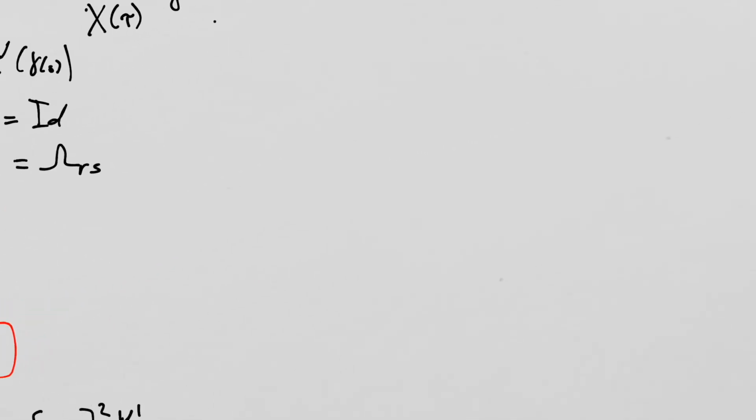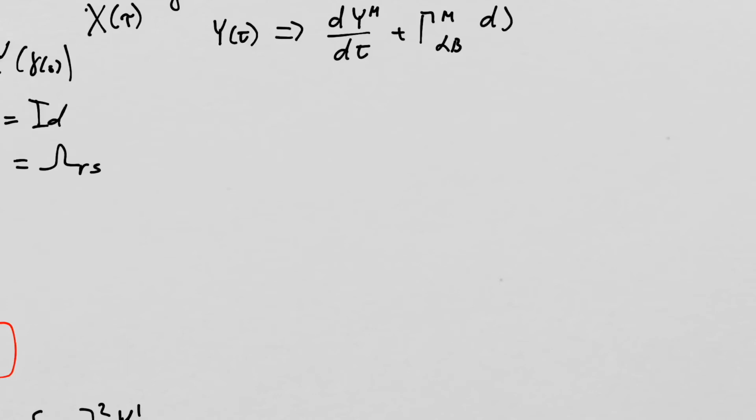All right, so now we know that y of t satisfies the parallel transport equation. So we know that it satisfies dy mu dt plus gamma mu alpha beta d gamma alpha of t dt times y beta equals 0.